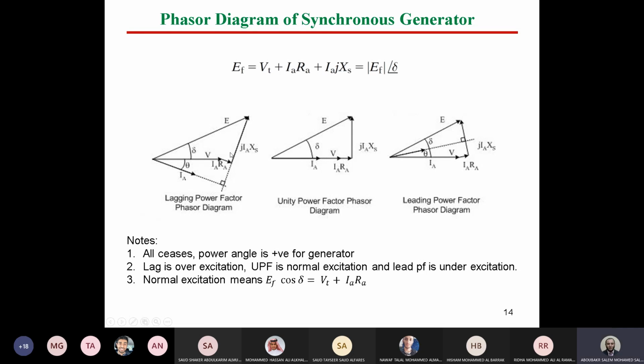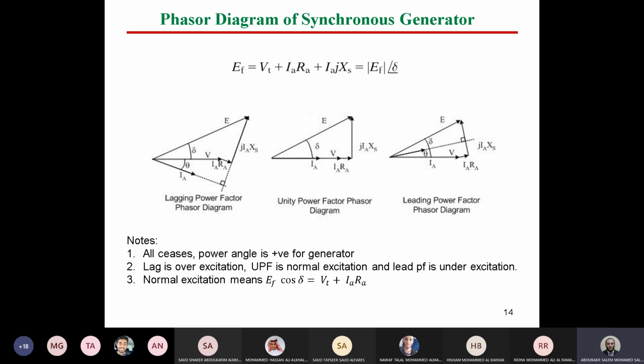Is it clear, guys, how we plot the phasor diagram? Okay, go ahead. I was going to ask about the angle of the current, from where do we get it? We assumed lagging power factor in the beginning. Here, we assumed lagging power factor. Of course, this is the generator.